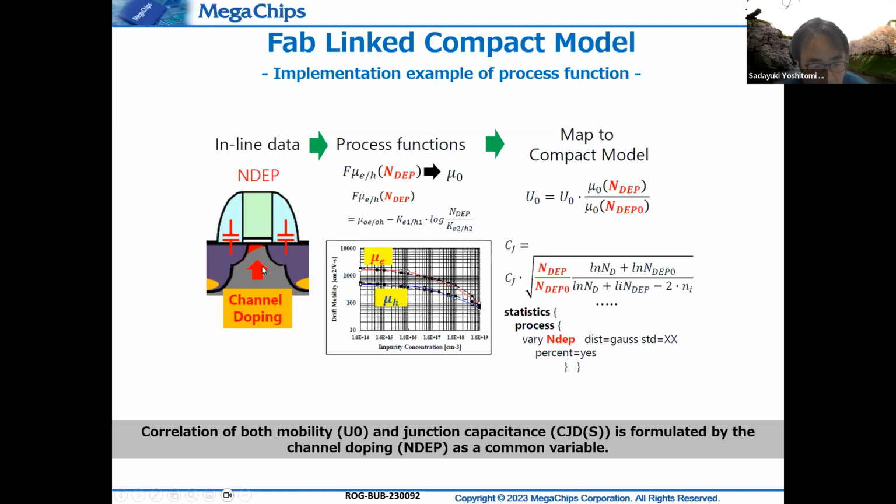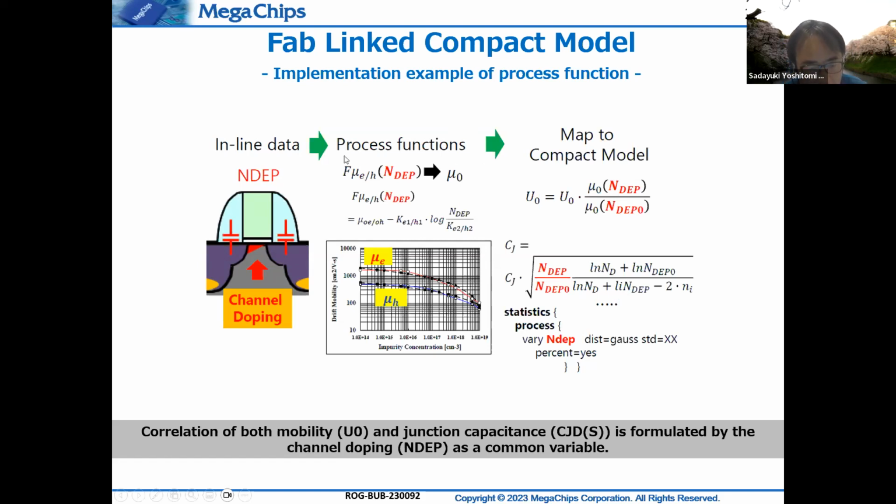Actually, NDEP has many correlations with BSIM4 model parameters, such as mobility and junction capacitances. So I will explain how we treat this kind of inline data parameter in SPICE models.